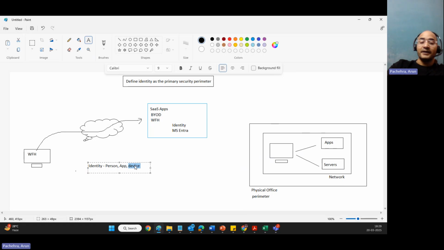If it is a device, again, a device cannot put in a username and password, but it could have its own IP address, a certificate, or other security posture, such as an updated antivirus status for compliance, and only then will it be allowed to access the corporate data. So identity could be many things on which we can apply permissions to perform any task.